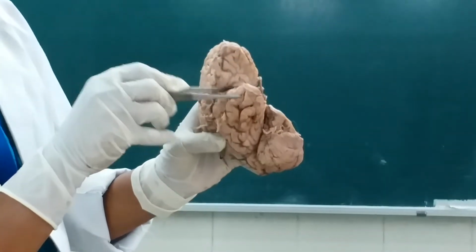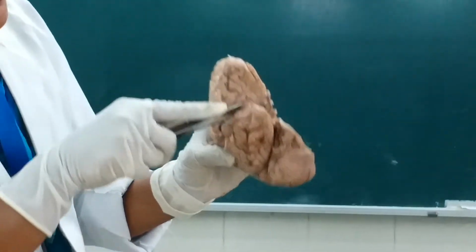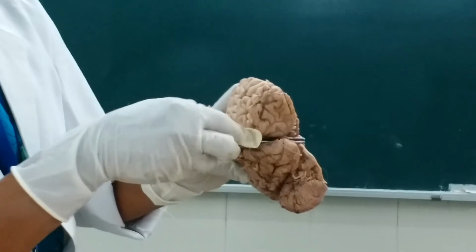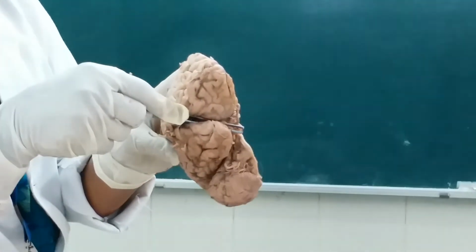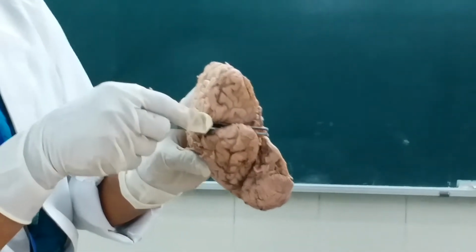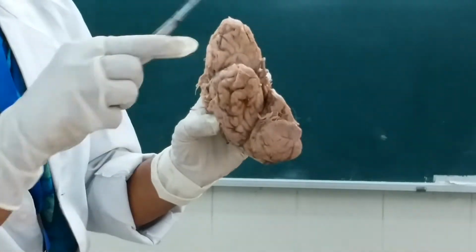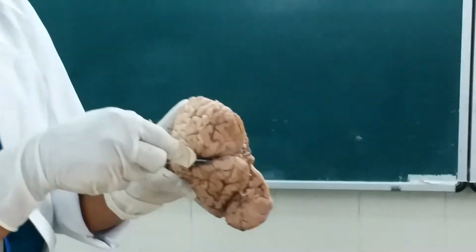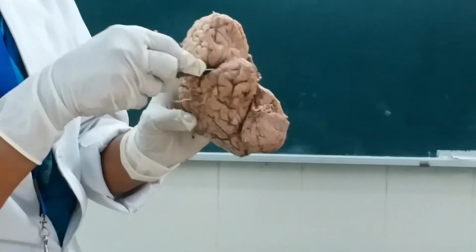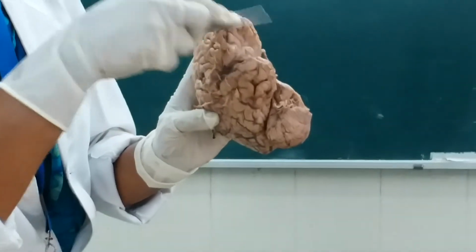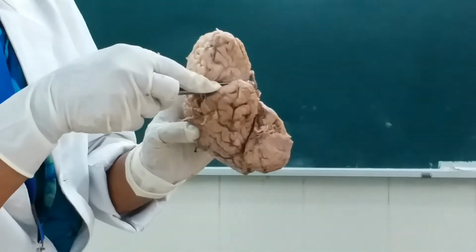The frontal pole and the temporal pole are separated by a very deep sulcus, which is known as the lateral sulcus. This forceps is lying over the stem of the lateral sulcus here, which separates the frontal lobe from the temporal lobe on this inferior aspect, on the inferior surface.